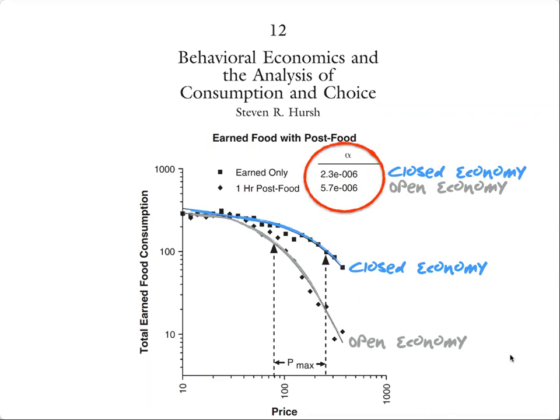And that is a highly sensitive parameter to the idea of an economy type. And so you see that shift in alpha, but not necessarily any shift in intensity of demand. All right. And I will also note that Pmax is pretty much directly related to alpha. And so anything that's going to really dramatically affect alpha is going to also dramatically affect Pmax.